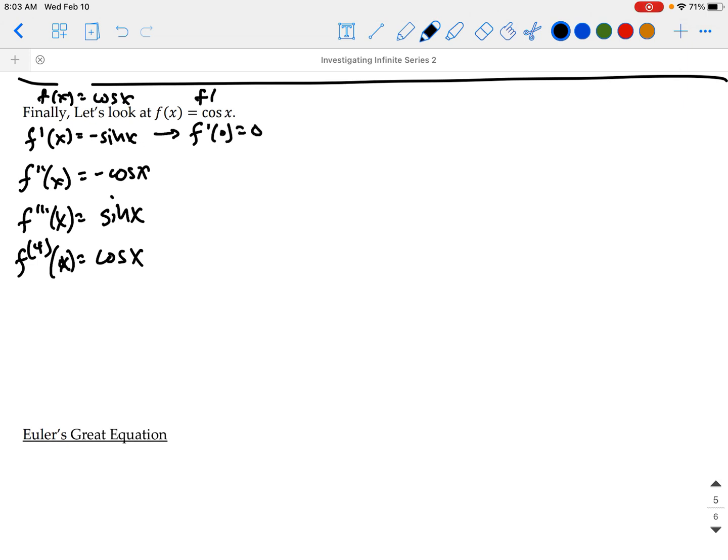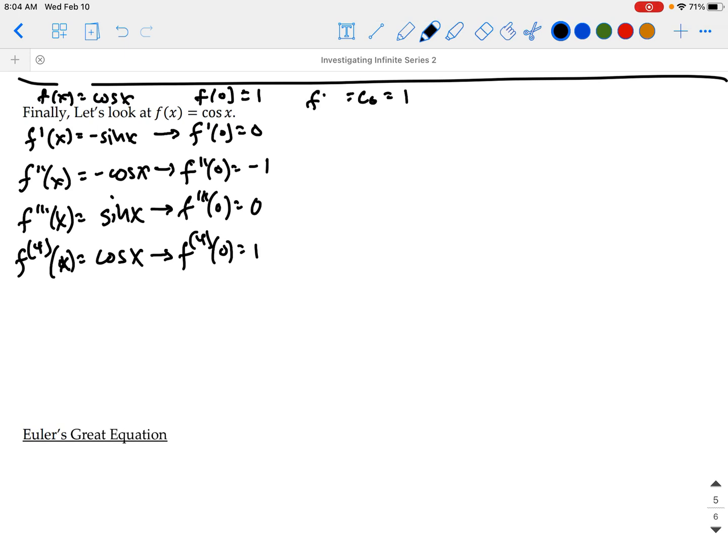So f of 0 is 1, f prime of 0 is 0. Double prime of 0 is -1. Triple prime of 0 is 0. So now all the even derivatives are going to be plus or minus 1.